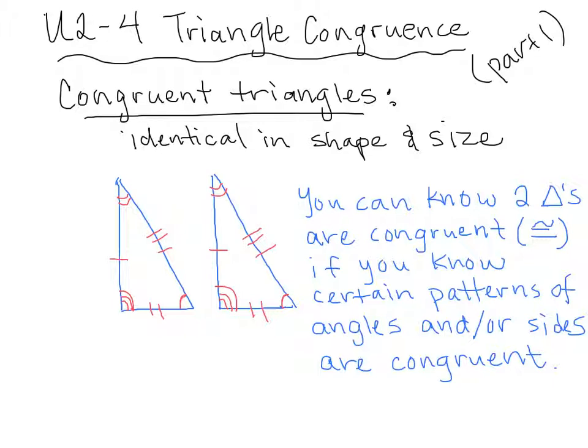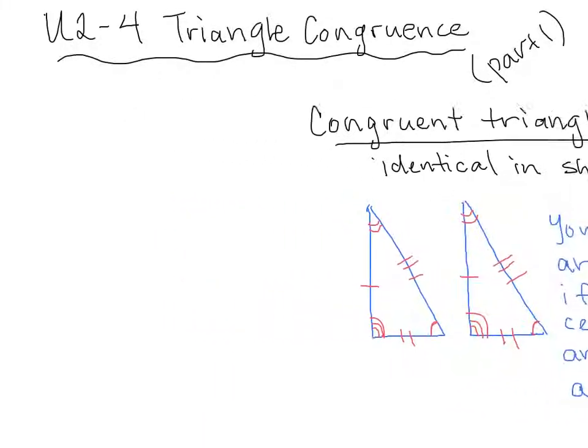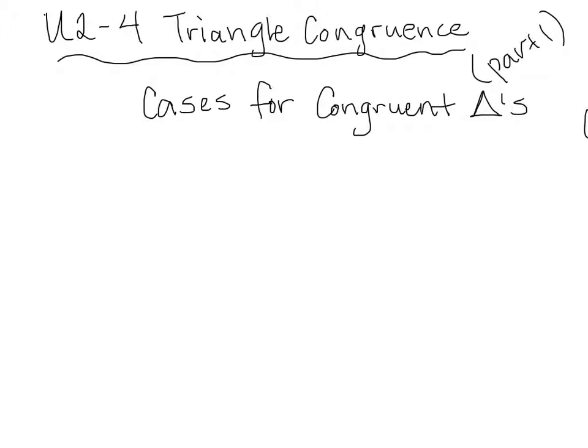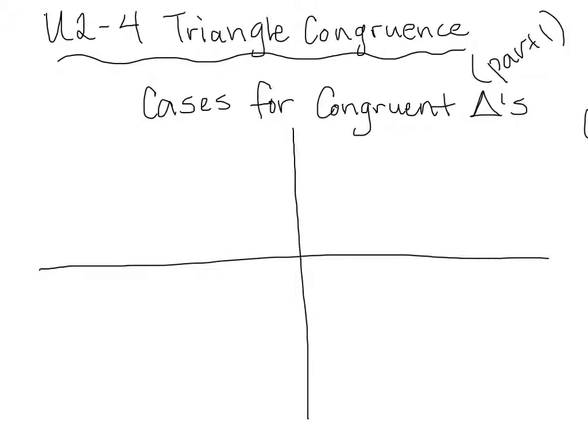So let's go ahead and make a chart. I'm going to move this out of the way. And let's label this cases for congruent triangles, and make a chart with 4 spots.